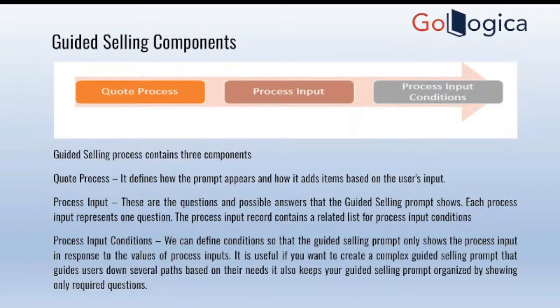Process input conditions are conditions based on the guided selling prompt, which only shows the process input and the response to the process input. Whatever response we get, my process input conditions will be based on that. It helps us create complex guided selling prompts, which could drill down to the basic level of the products which are there.